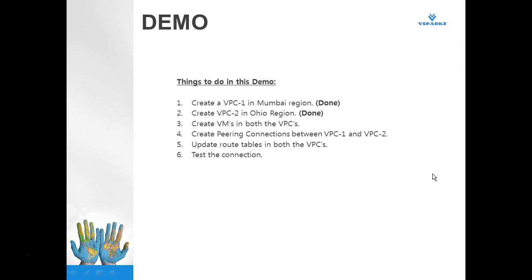In the third step, we are going to create VMs in both the VPCs. And in the fourth step, we are going to create peering connections between VPC-1 and VPC-2. Once the fourth step is done, we are going to update the route table in both the VPCs to make these two VMs communicate privately. And at last, we are going to test the connectivity. Let us proceed with the demo.